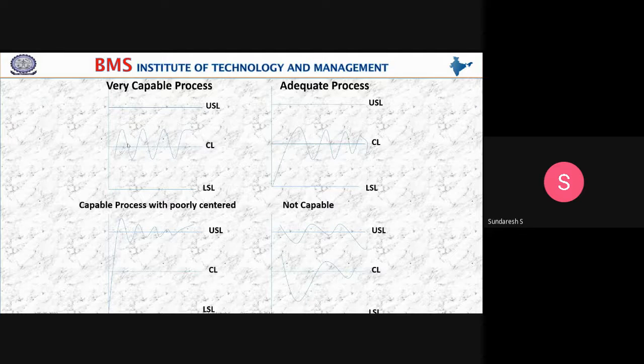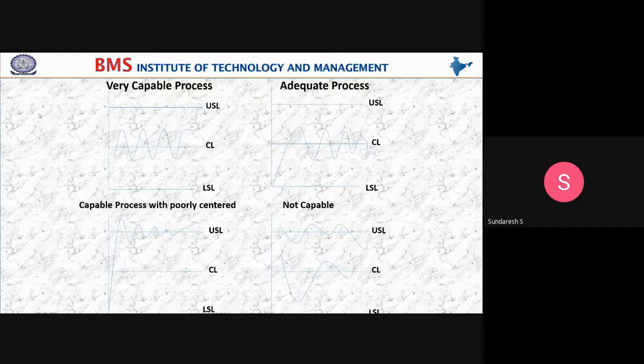So when you look at this distribution, how the process is taking place, how the dimensions or the output of a product are within the specification limits or not, then we will say this is a capable process.